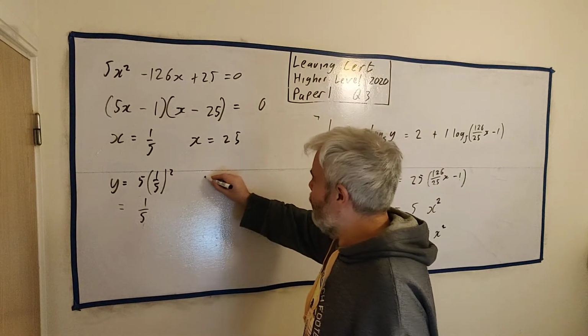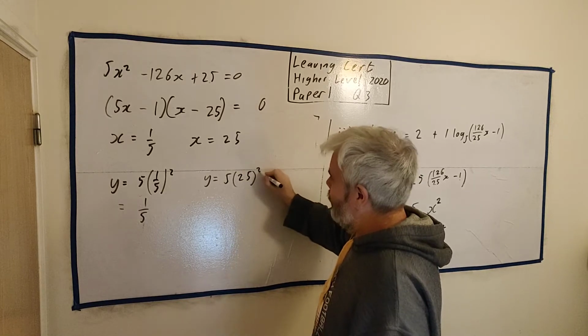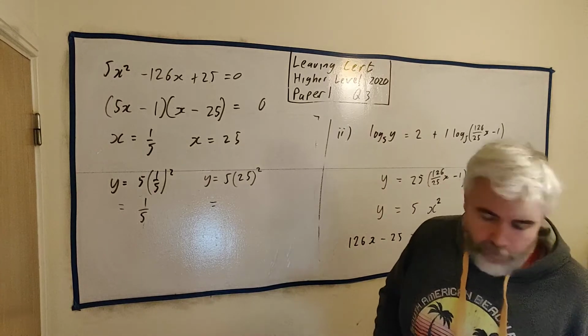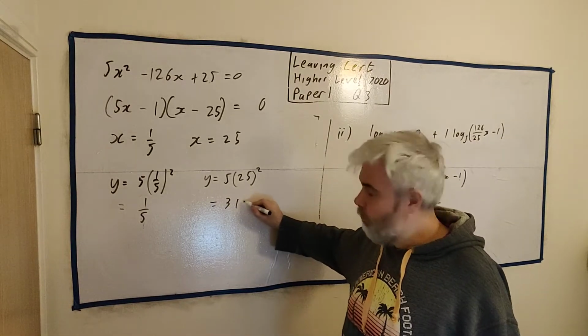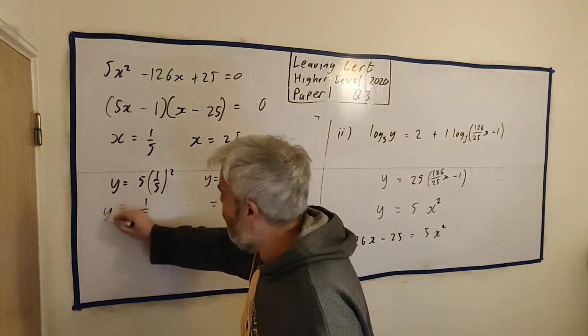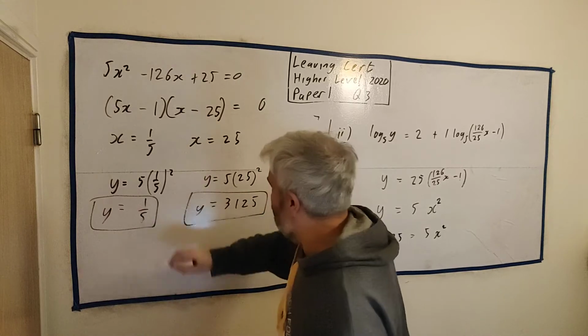And this one here is going to be a big one. Y is equal to 5 times 25 squared, which is equal to, I'll have to check my notes on this one, 3,125. So there are your two answers. Y is equal to 1/5 and y is equal to 3,125.